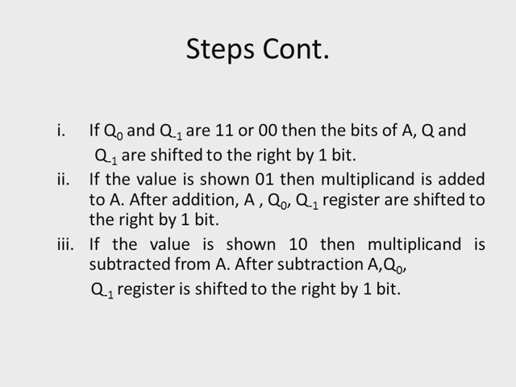And now, for the 0 1 combination, the multiplicand is added to the content of the A register, then the shift right operation is performed. Finally, for the 1 0 combination, the multiplicand is subtracted from the content of the A register. Then the right shift operation is performed.